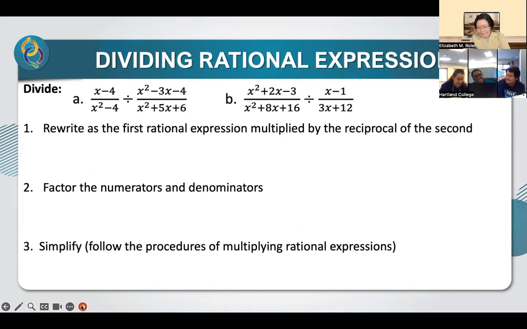Okay, let's try some exercises here. Again, you are exercising now not only dividing, but also multiplying, and at the same time, you're factoring. All right, try letter A. I'm just giving some simple problems with the leading coefficient as 1.